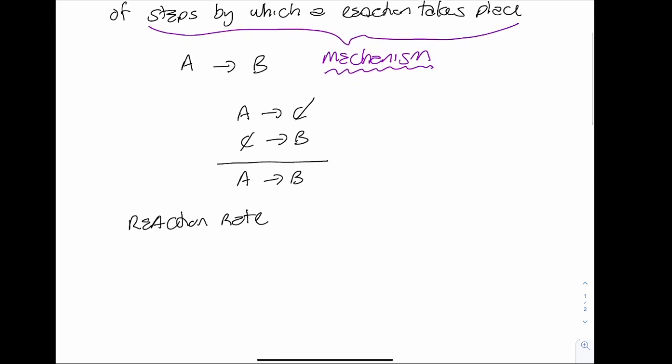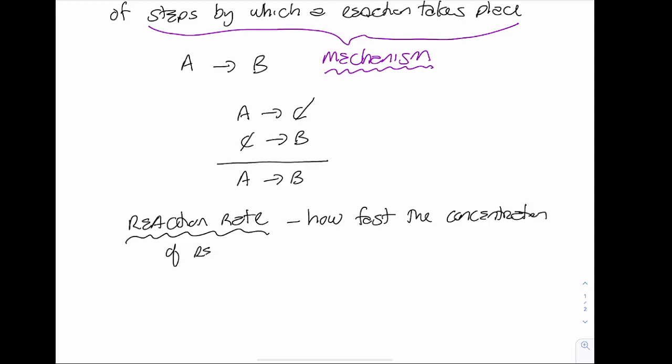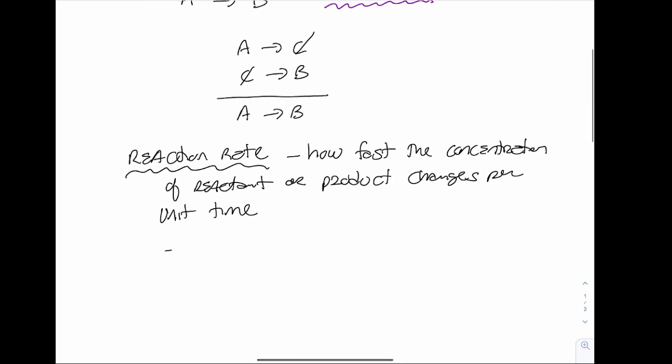So how fast the concentration of reactant or product, we can look at it from either side, changes per unit time. Essentially how quickly or how fast a reaction occurs.